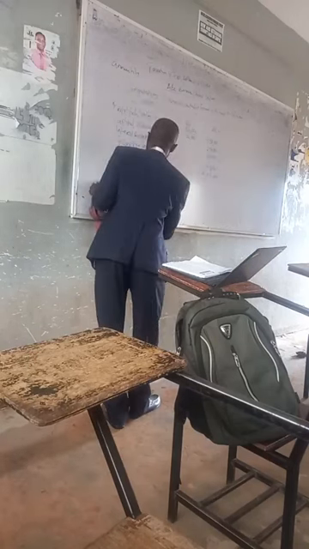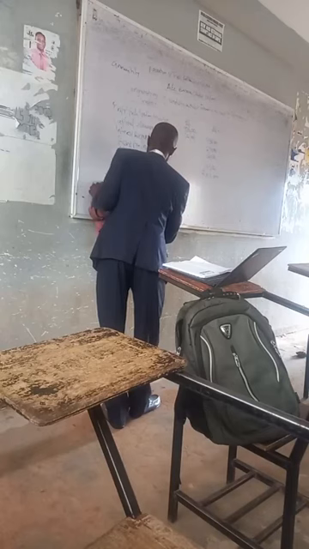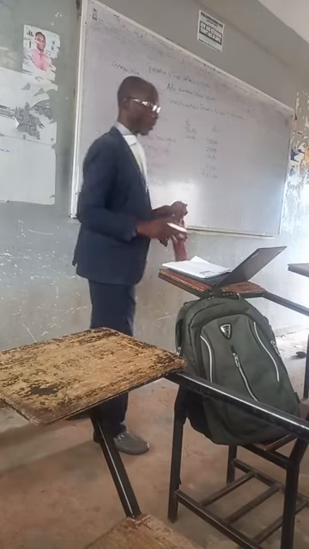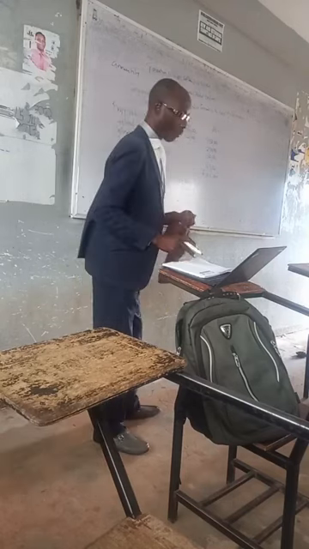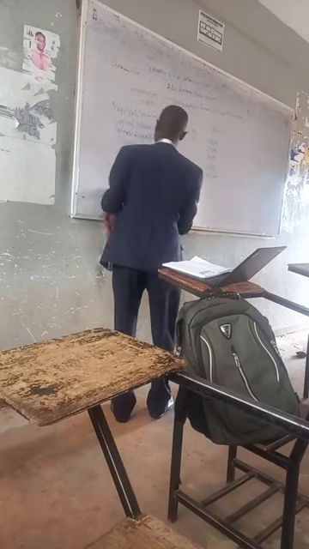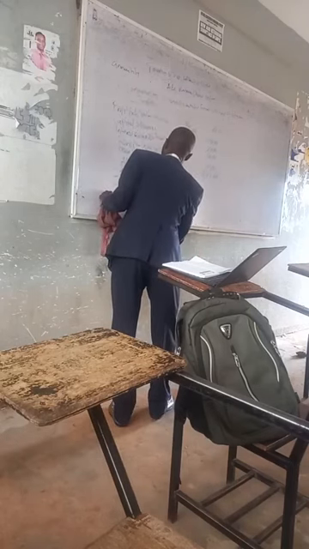So what you do is write 2.5% all over 100, times the computed income. How much is the computed income? You write it here. 127,105.